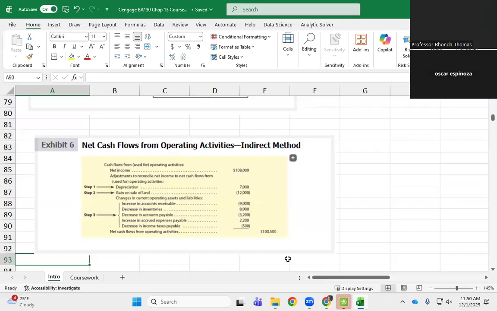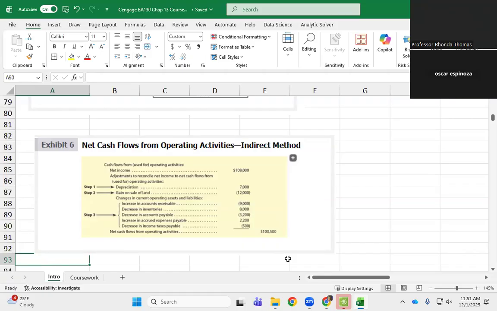When your liability goes up, you add the change. And then this last one here, we do include a decrease in income taxes payable. So that's this one. So if a payable goes down, you subtract the change.